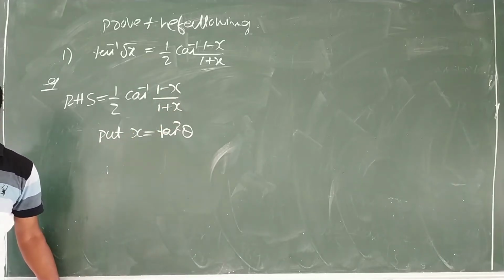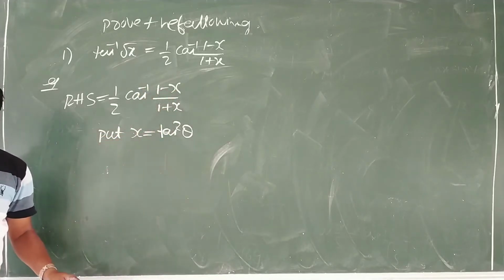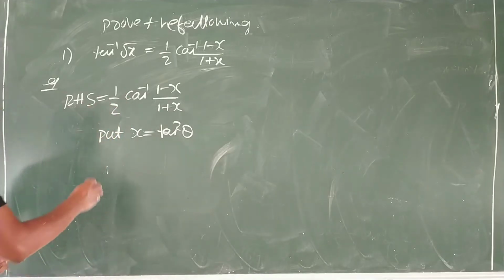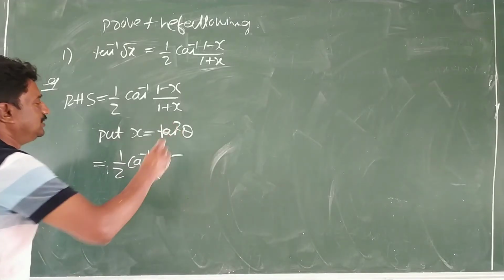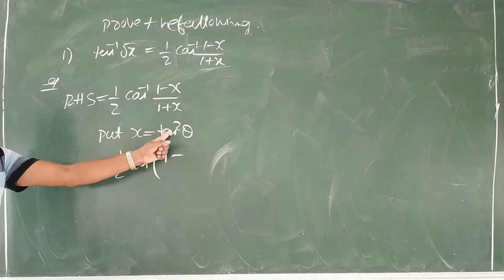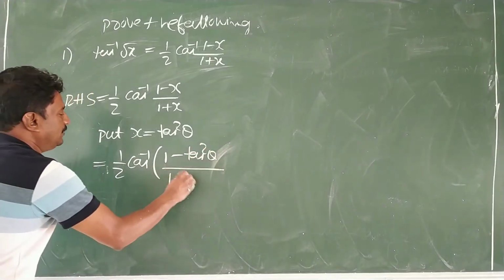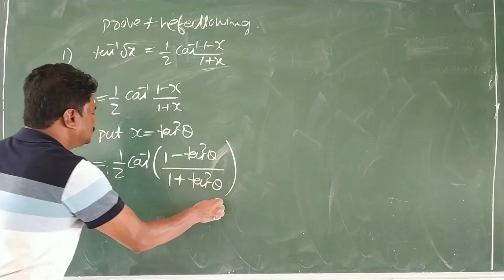Do you remember that formula? What is 1 minus tan square theta by 1 plus tan square theta? Cos 2 theta. Cos inverse gets cancelled. So that is 1 by 2 cos inverse of (1 minus tan square theta) by (1 plus tan square theta), since x is tan square theta.